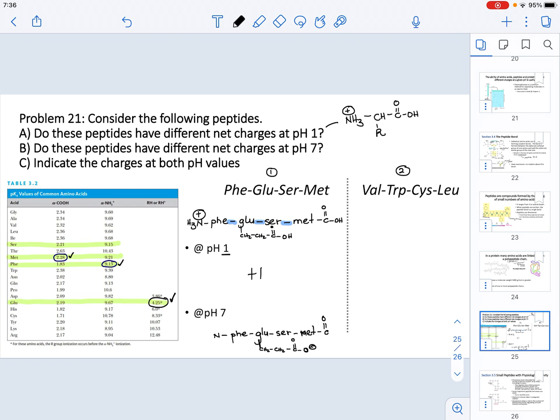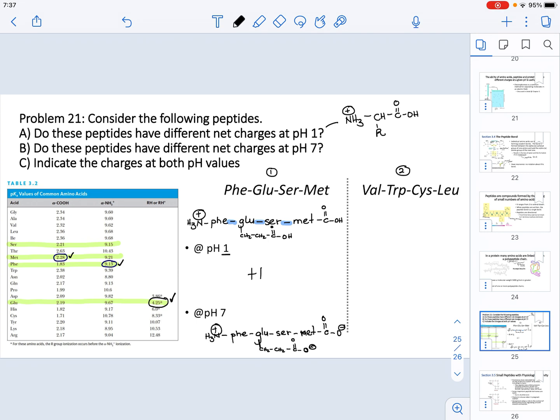The methionine carboxylic acid, because its pKa is lower than the pH of the solution, is also going to lose its proton. So it's negatively charged. The nitrogen in the phenylalanine, because the value of the pKa is higher than the pH, is going to retain its proton. So this is going to be NH3 positive.